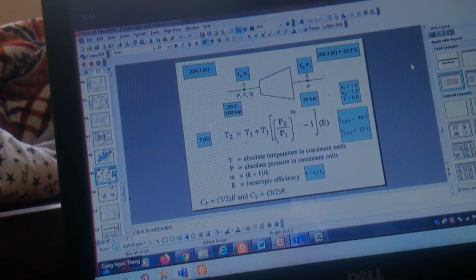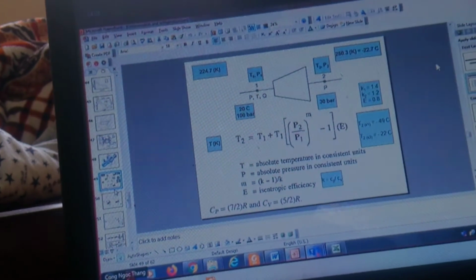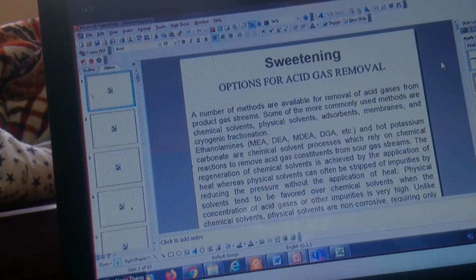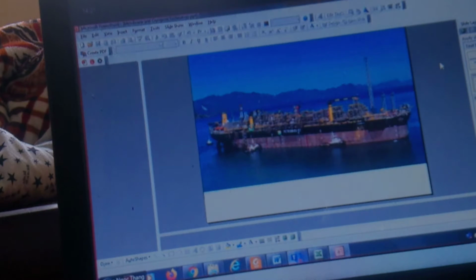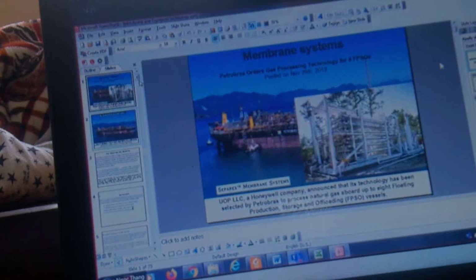It means we finished the switching chapter. Okay, so membrane. In that lecture we talked about membrane and low temperature distillation.